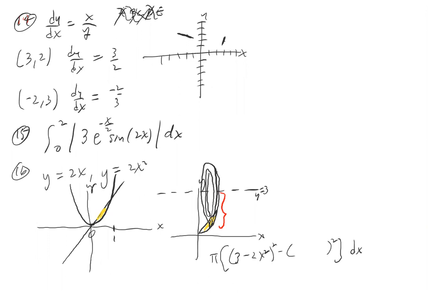The small radius goes from the center to the inner edge: top minus bottom, 3 minus 2x. You add up all of these washers from 0 to 1, and you only have to pick out the integral. You don't even need to compute it.